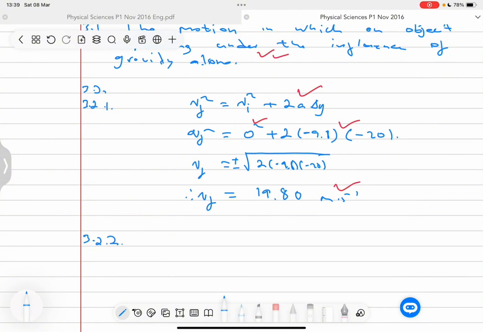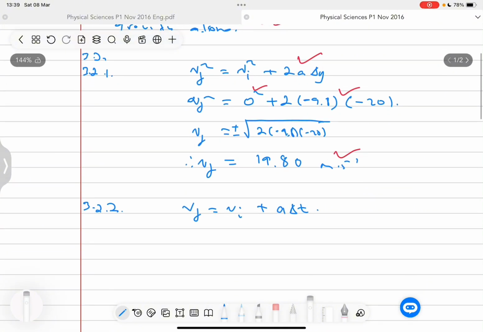I am going to choose the equation that comes from the definition of acceleration, which says the final velocity is equal to the initial velocity plus the acceleration times time. Remember, this time is the total time that the ball is in motion.